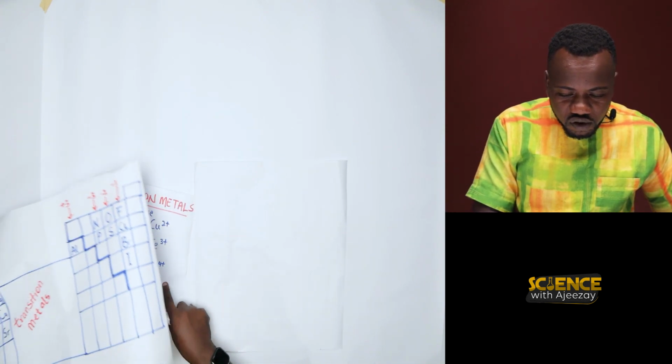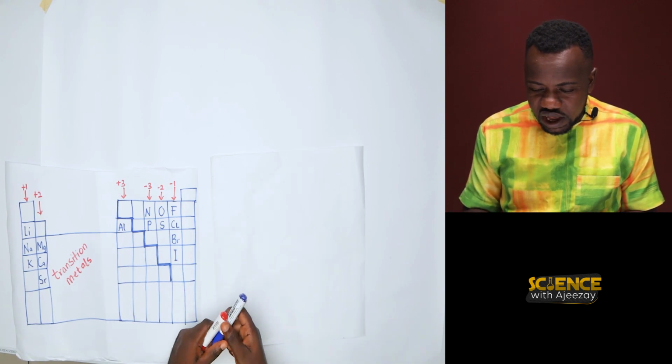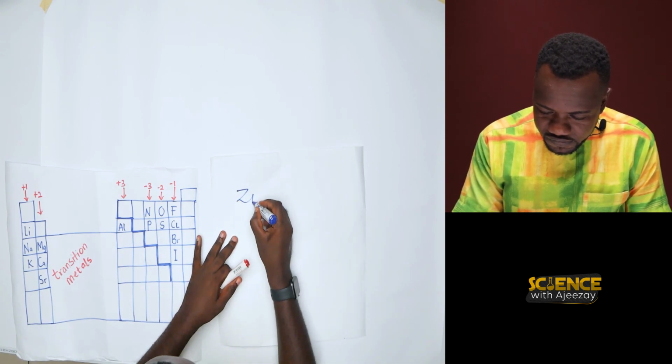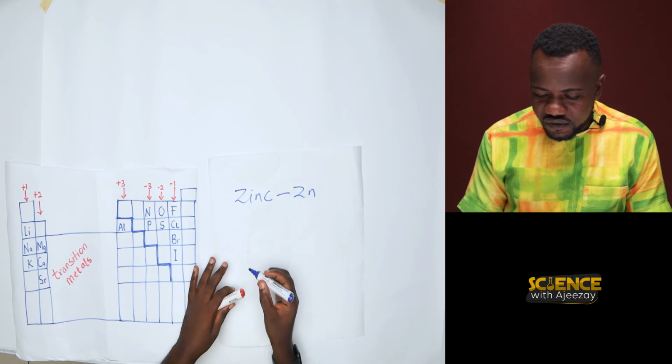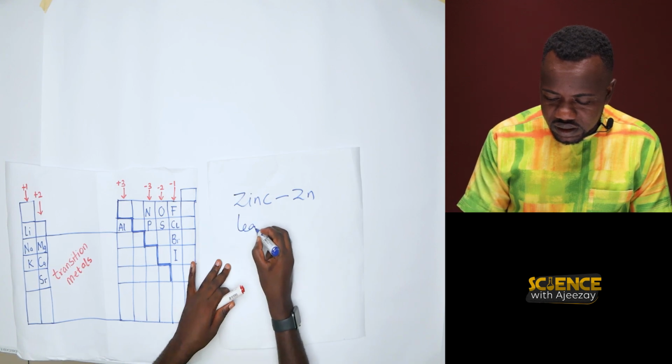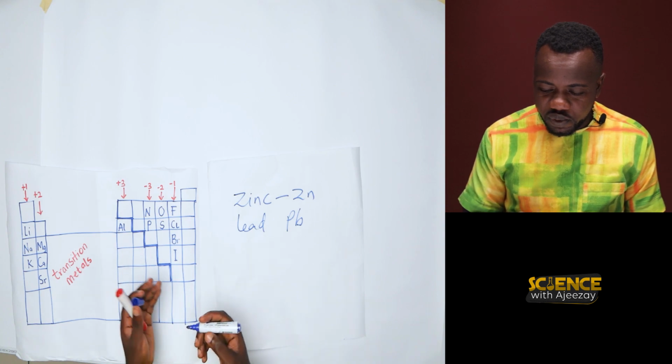Now let's look at a few of them. The transition elements, we have zinc as Zn, we have lead as Pb, plumb. We did this in our previous lesson.